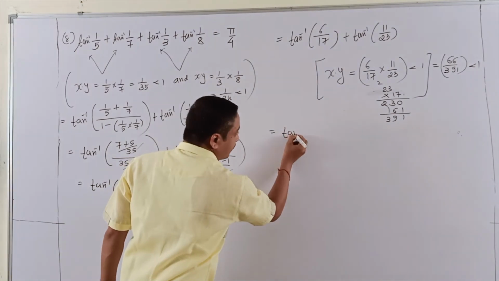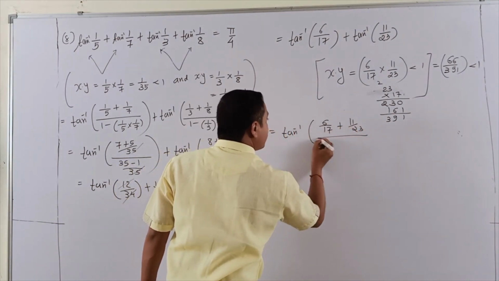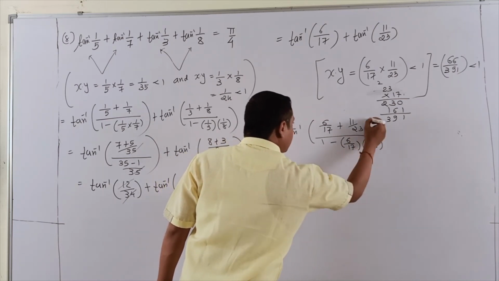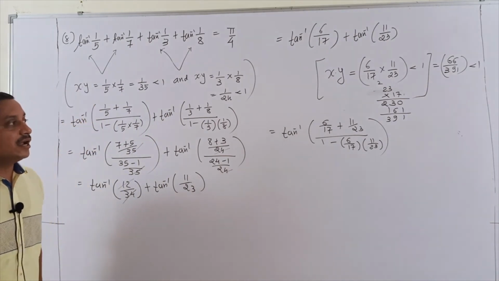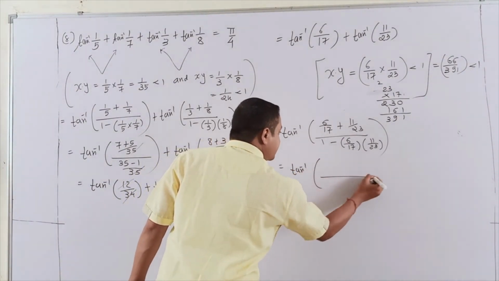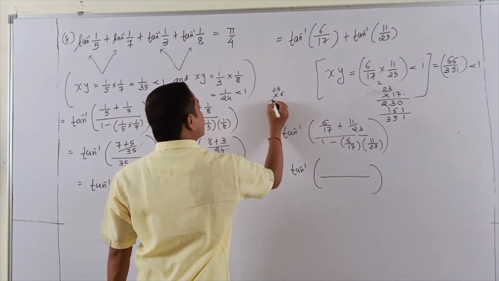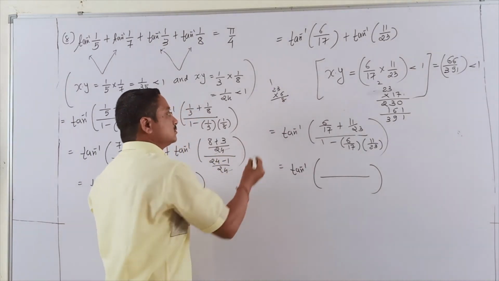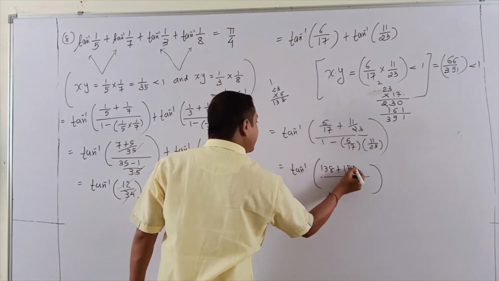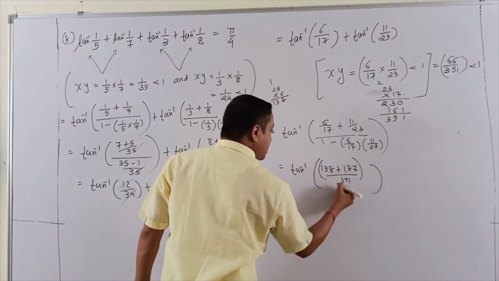Now I go to the property. 6 by 17, 11 by 23, 1 minus 6 by 17 times 11 by 23. Correct? And final solution, tan inverse. Here LCM taking: 23 into 6 is 138. 11 into 17 is 187, divided by your LCM 391.